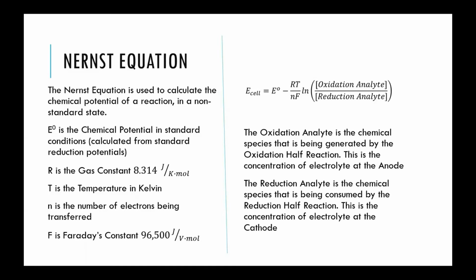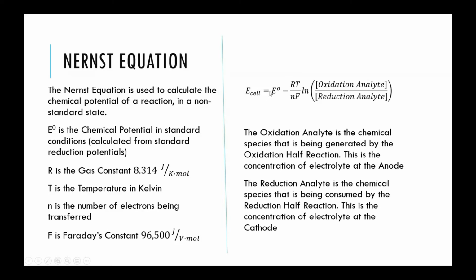This gives what the actual voltage would be under non-standard conditions. So with standard conditions, the temperature is constant and it's exactly 1 molar solutions, but many times the temperature is not constant, and you can have concentrations of a wide range of different solutions. And the Nernst equation takes all that into account.